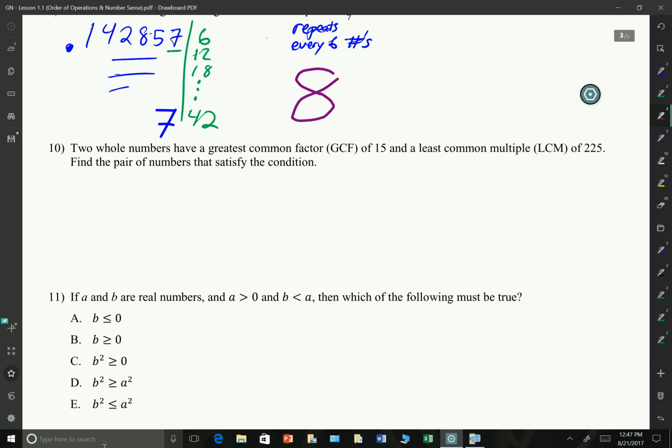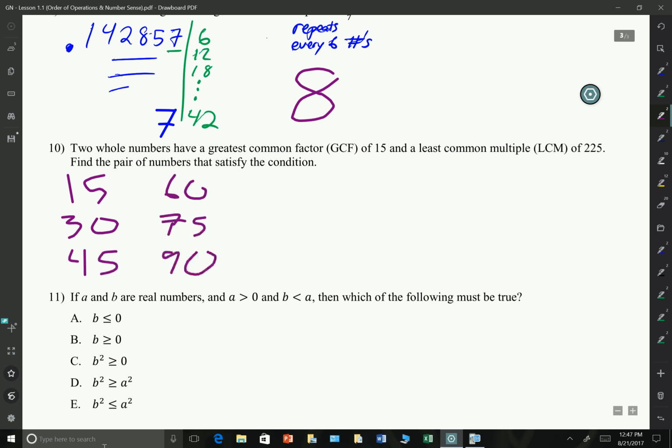So here's what I'm going to do. I know that GCF is 15. I'm going to list out the multiples of 15. So we have here 15, 30, 45, 60. So this is tedious for you, which is okay.